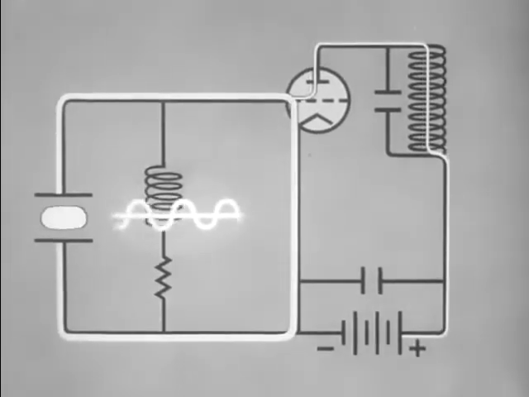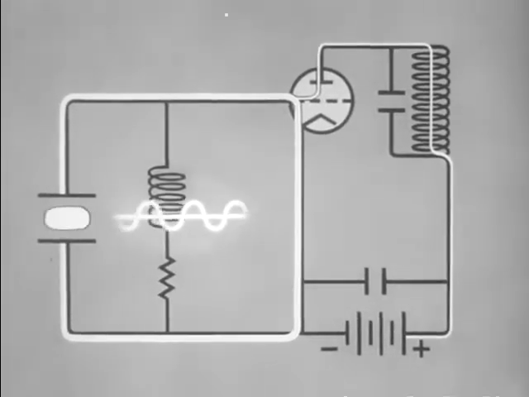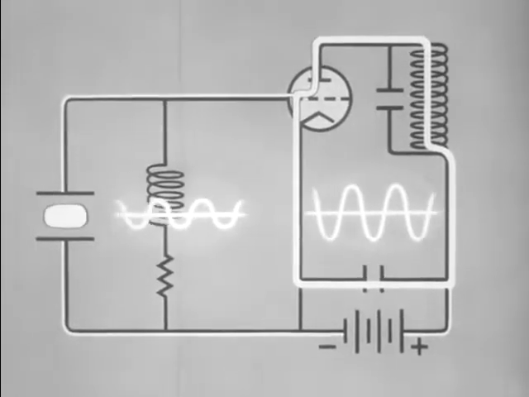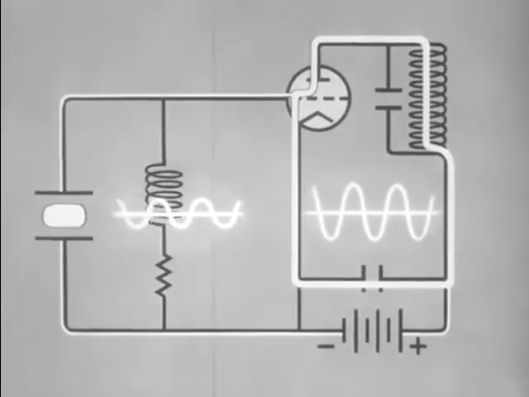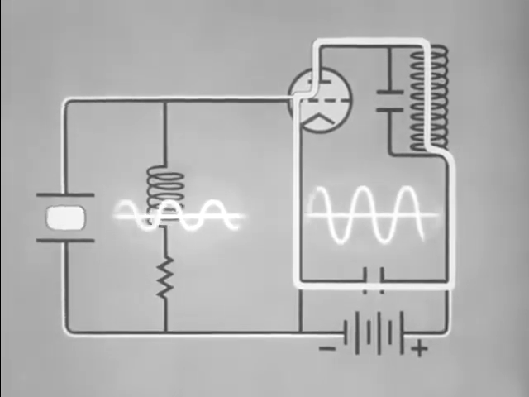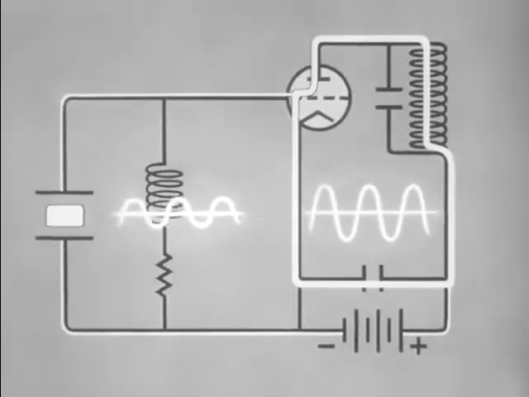The resulting vibration of the crystal develops a voltage which is applied to the grid and amplified by the tube. Then some of the voltage returns from the plate to the grid as before. This cycle continues and we have oscillation.